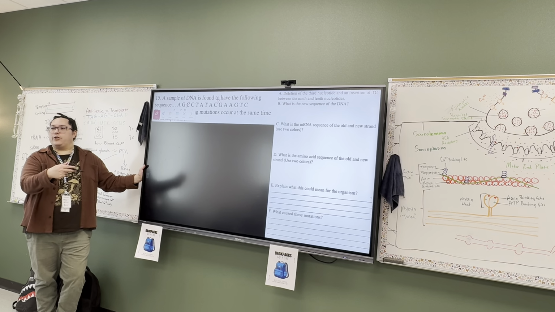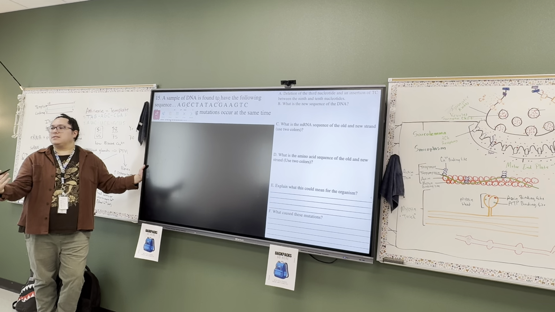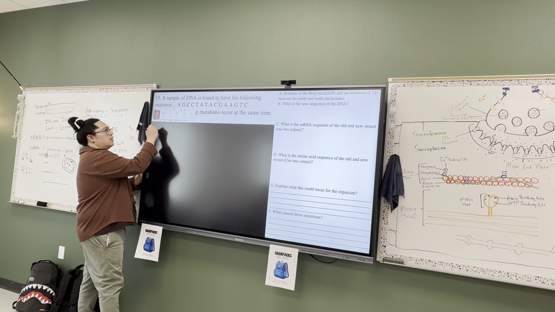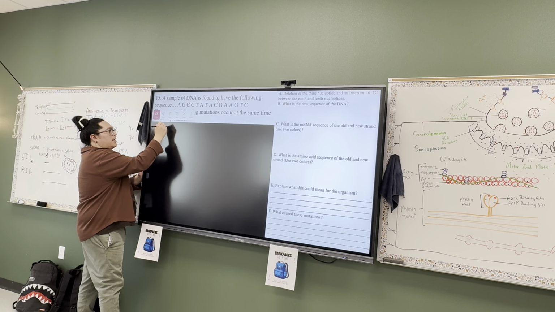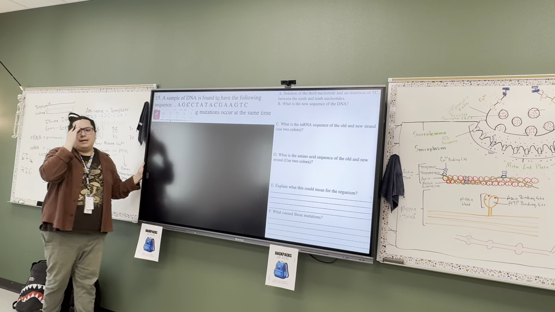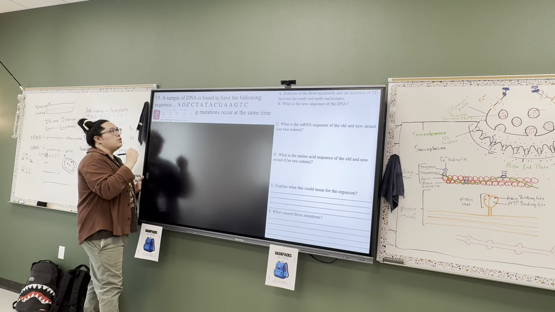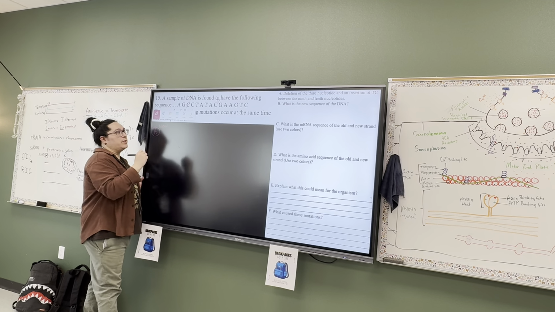And in letter B, it asks us to actually write it out. So that's what we're gonna do, okay? So letter B, this is gonna be my new mutated DNA in this color. So what is my new mutated DNA? What is the sequence?